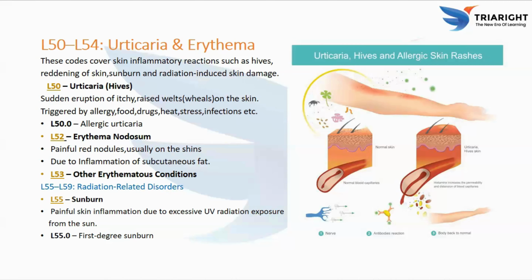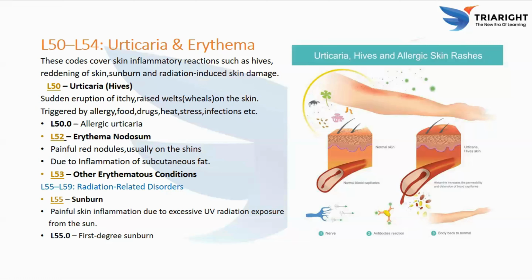On the left side, you can see a picture which shows how an allergic reaction leads to hives on the skin. The left side is normal skin, right? Here the skin surface is smooth and not inflamed. Blood capillaries are normal, with no leakage, no redness or itching. Whereas on the right side, when the body is exposed to allergens such as food, drugs, insect bites, pollens, dust or chemicals, the immune system reacts abnormally.